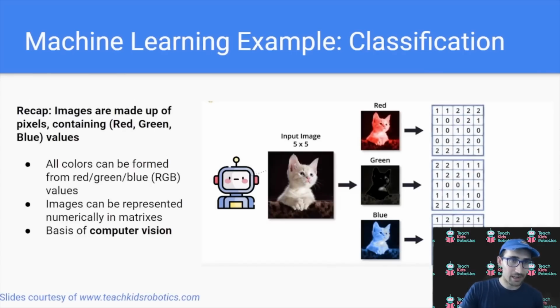So let's do a quick recap again. Images are made up of pixels containing red, green, and blue values. These pixels can be represented mathematically in matrices, so the image can be represented as numbers. And as we know, our neural network takes numbers as input, performs additional mathematical operations on them, and eventually arrives at our output layer.